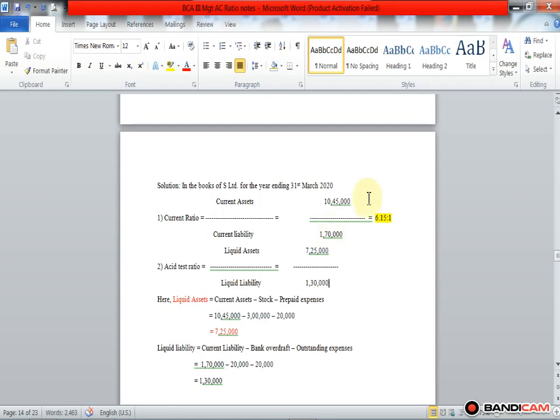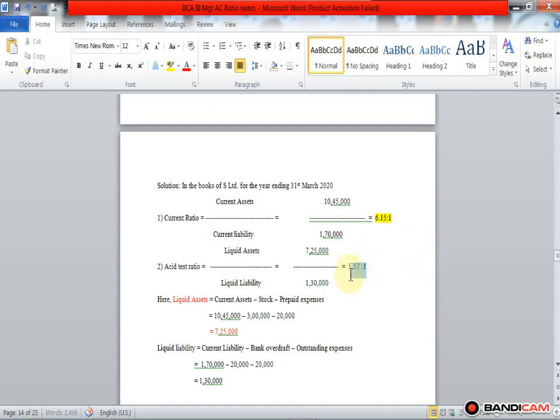We get the acid test ratio equal to 7,25,000 divided by 1,30,000, that is 5.57 to 1 approximately.